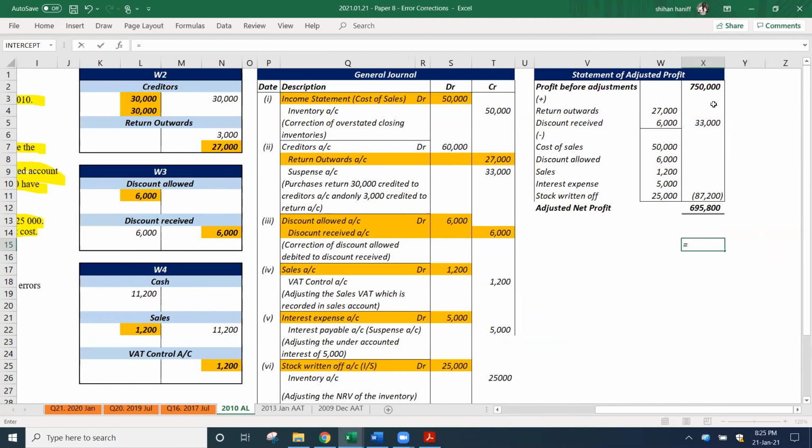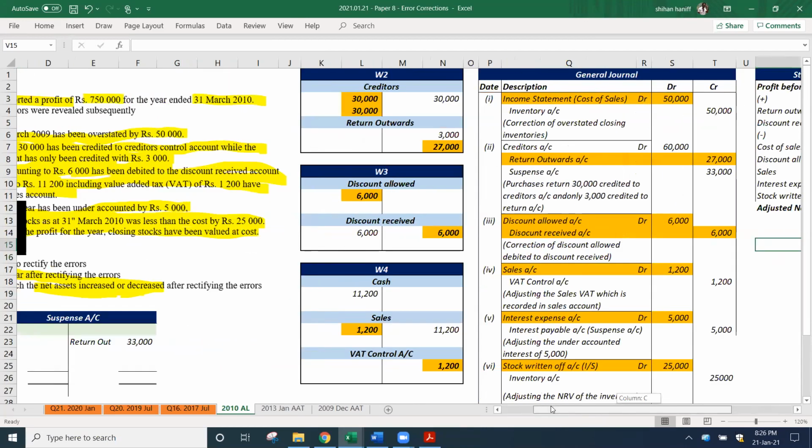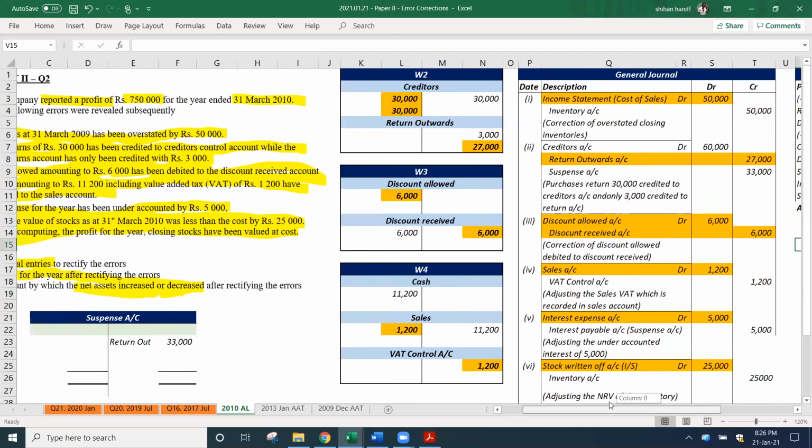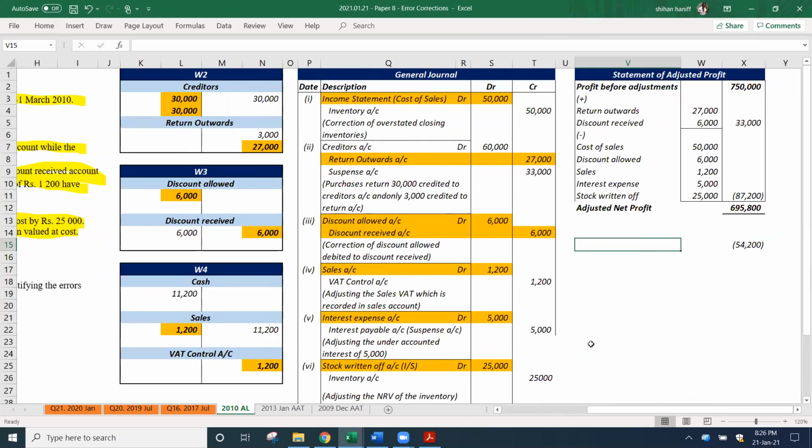So that's the difference between this. $54,200. Net assets changed by 54,200.